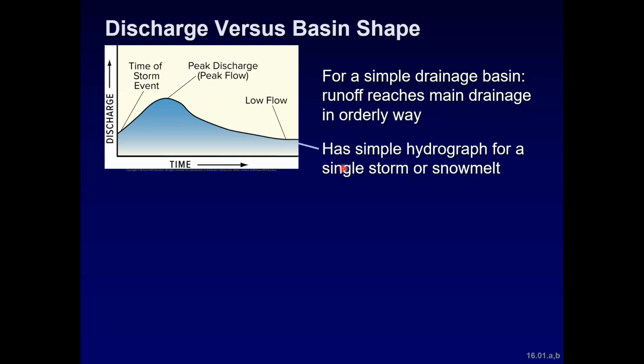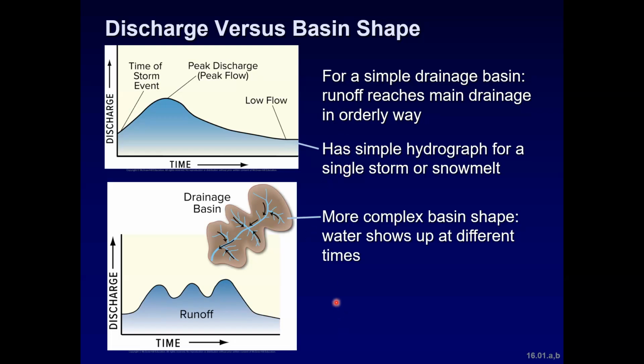It's simple. But imagine a more complex basin shape. Water can then show up at different times because we have different geologic features here, and the black arrows indicate flow of water. So we're going to see a hydrograph that has more peaks due to the complexity here.